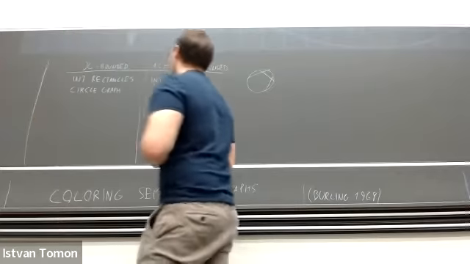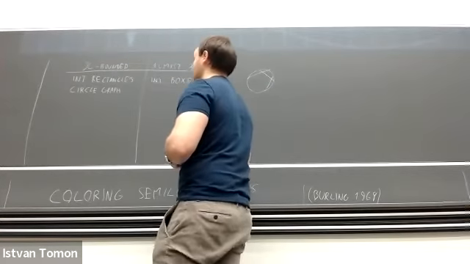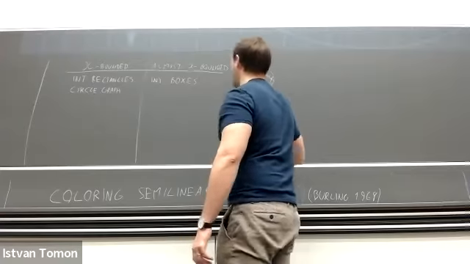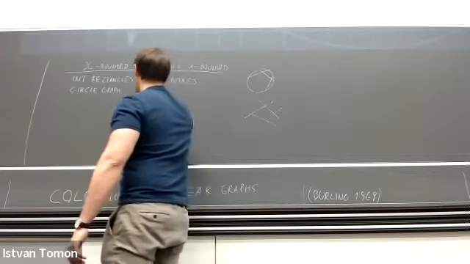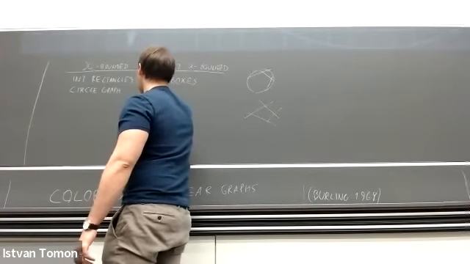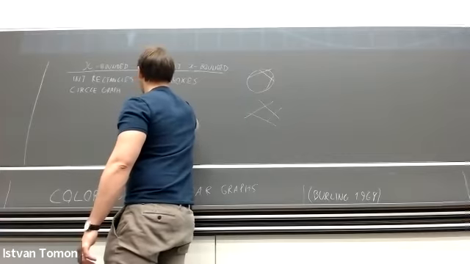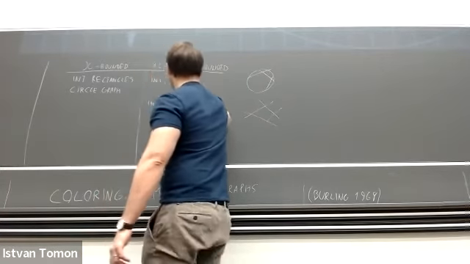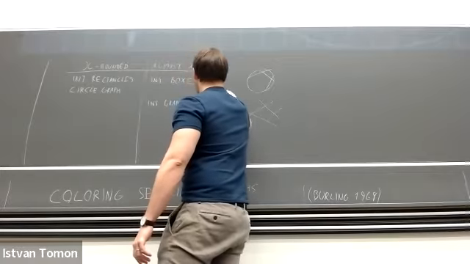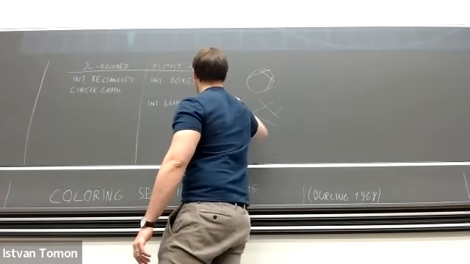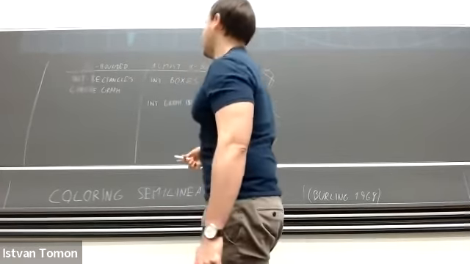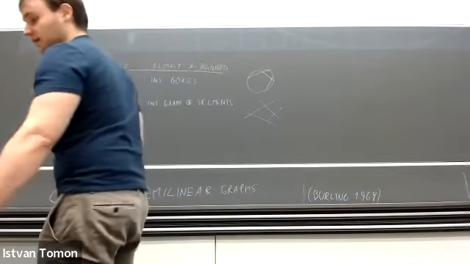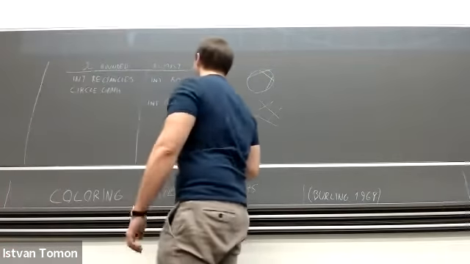Now, another natural family of graphs is the intersection graph of segments. Now, this turns out to be not chi-bounded, but almost chi-bounded. The fact that it's not chi-bounded is due to Pawlik and many authors.